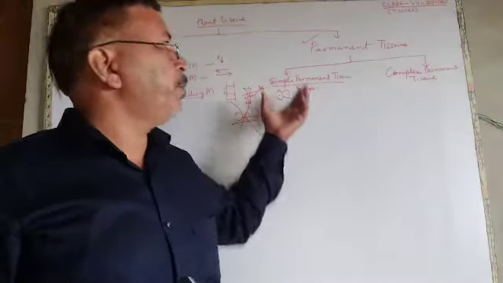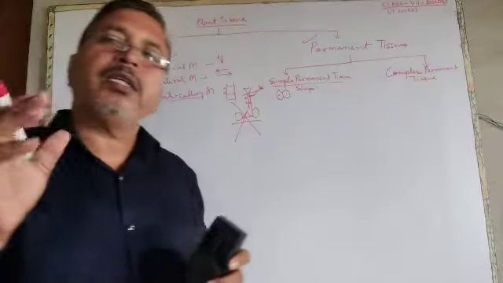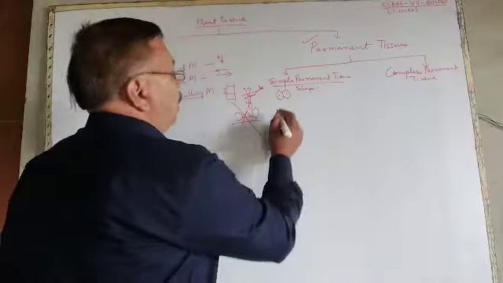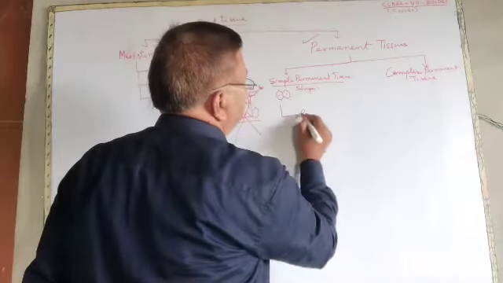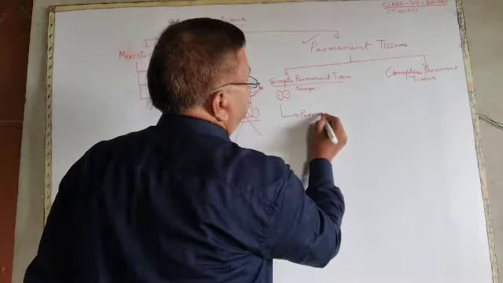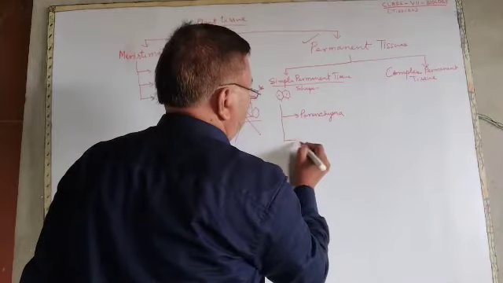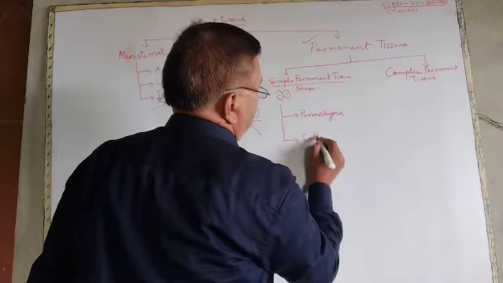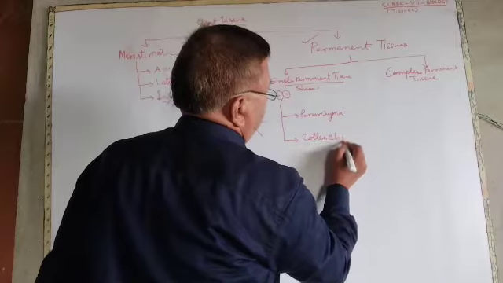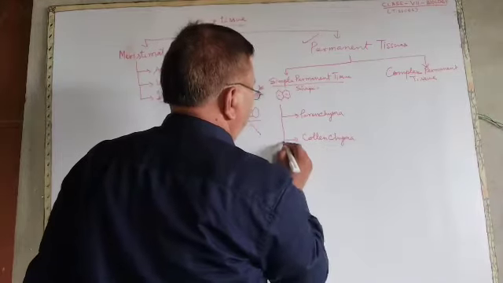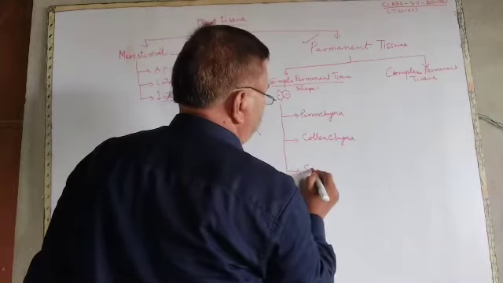Further, this simple permanent tissue we read under three headings: parenchyma, collenchyma, and the third one is sclerenchyma.